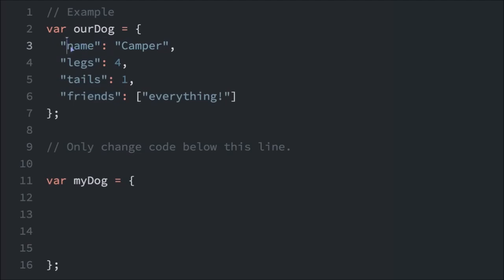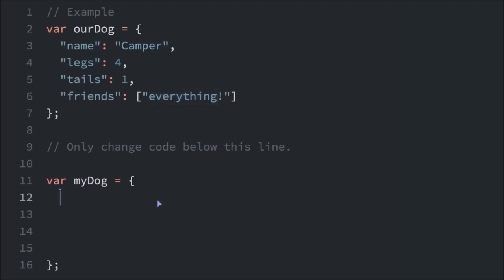So we have name, that's a property, legs is a property, and then the values are the things after the colons here. So the name is camper, the legs 4, tails, there's only one tail on this dog, and friends are everything. Now you can see that the properties can be strings, they can be numbers, they can be arrays, they can be any data type in JavaScript.